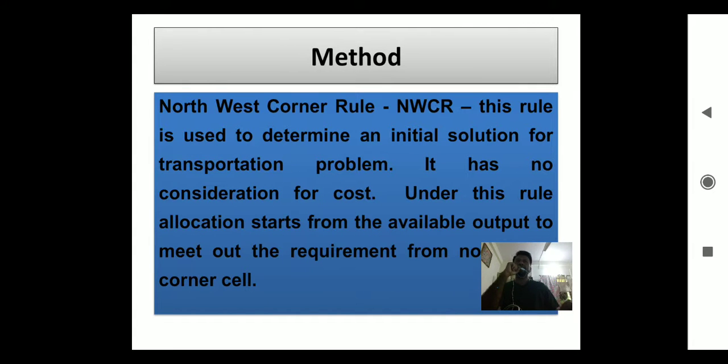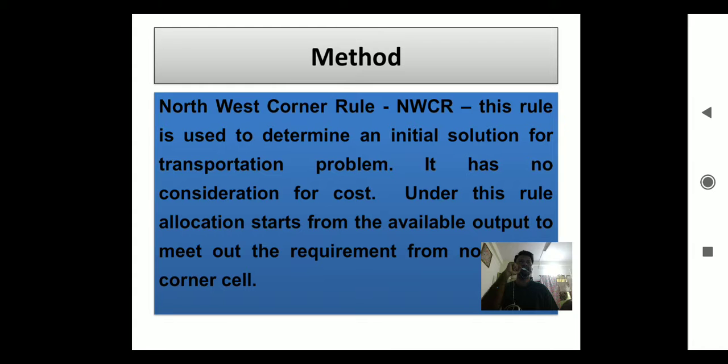To calculate the initial basic solution, we have certain methods. First, we are going to discuss the north-west corner rule, known as NWCR. This rule is used to determine an initial solution for a transportation problem. It has no consideration for cost.